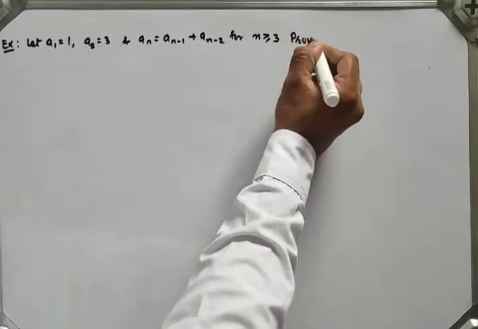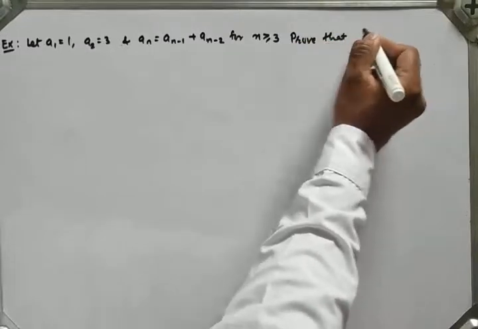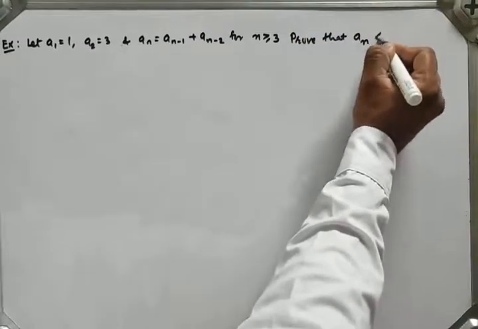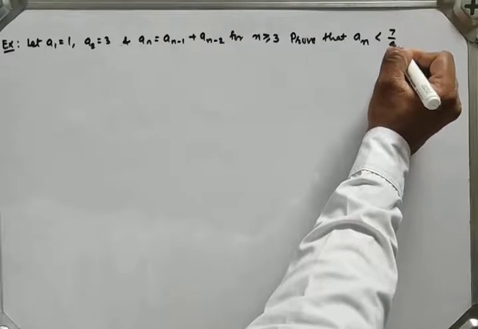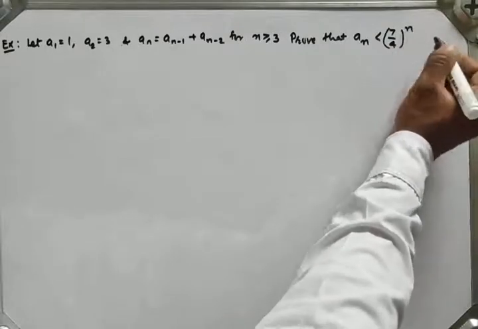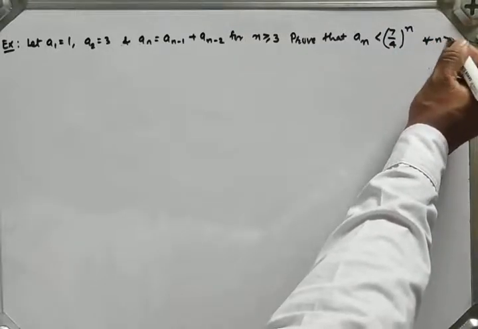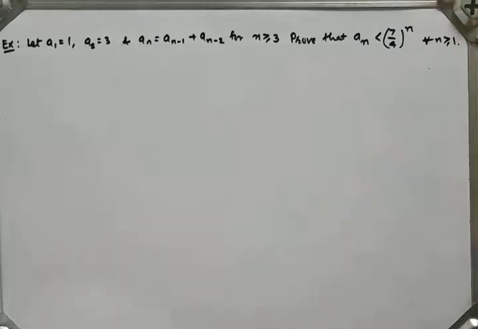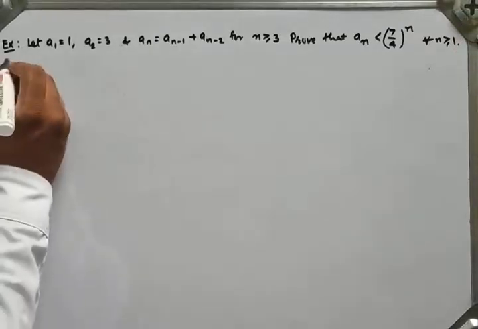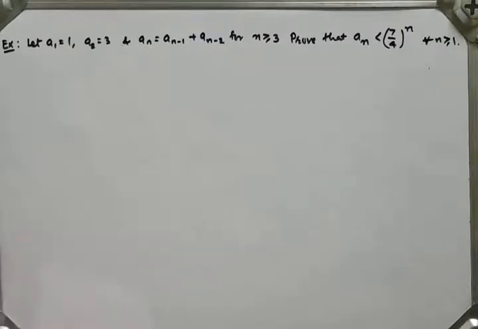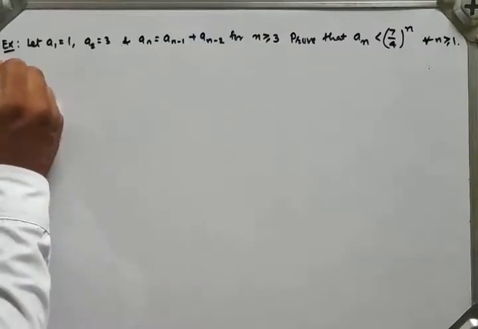Prove that the statement a_n is strictly less than (7/4)^n for all n greater than or equal to 1. Now we will show this result. This will be proved by the second principle of induction.